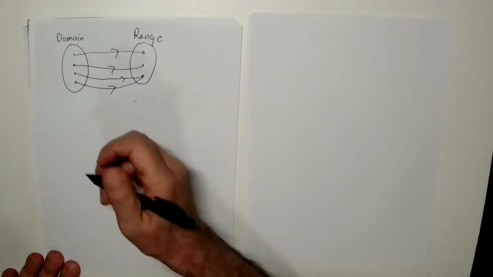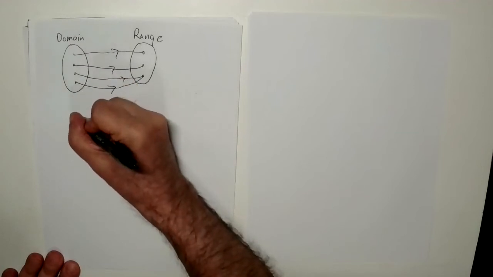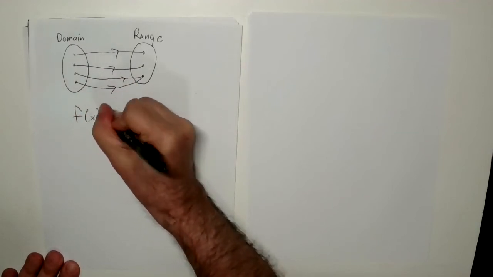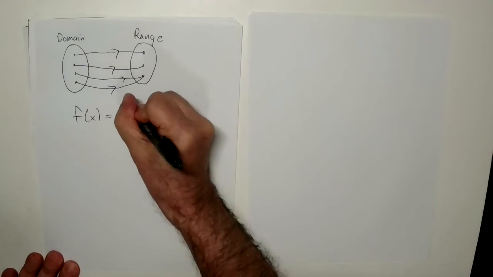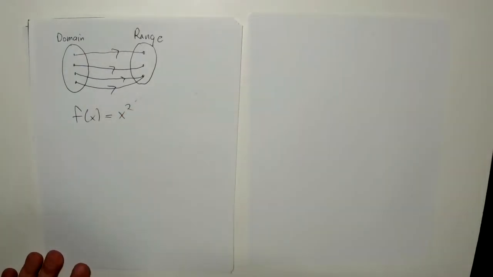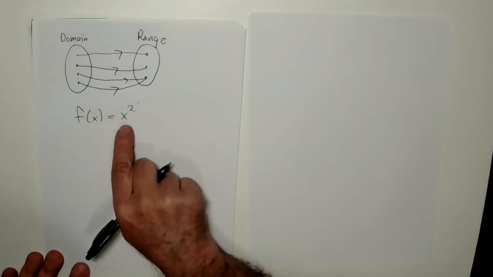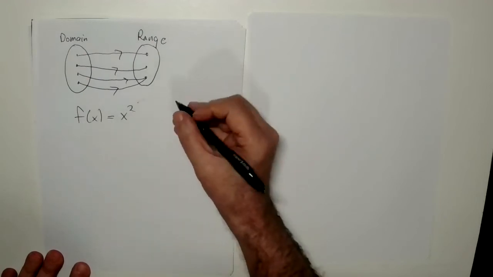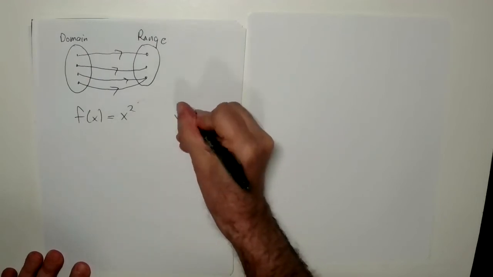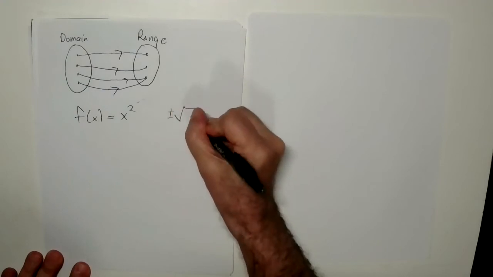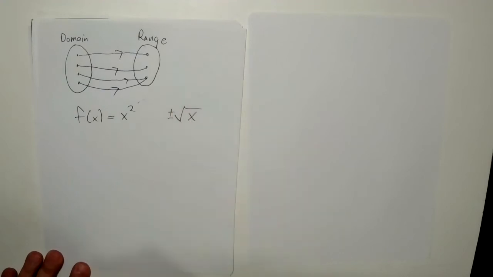So for instance, f of x equals x squared is a perfectly good function in the sense of one x put in, x squared comes out, which is uniquely determined. Plus or minus the square root of x is not a function.